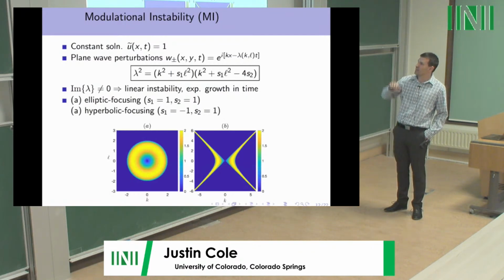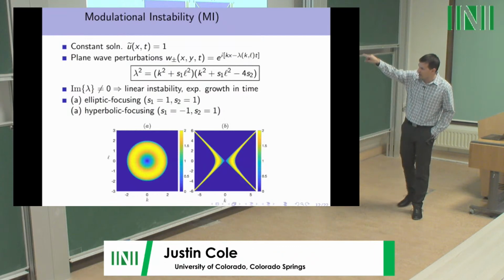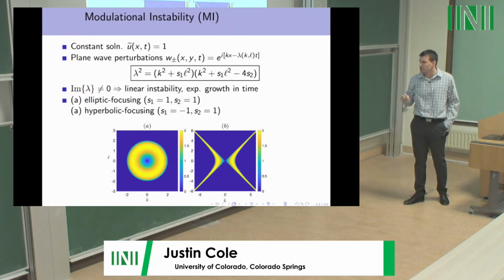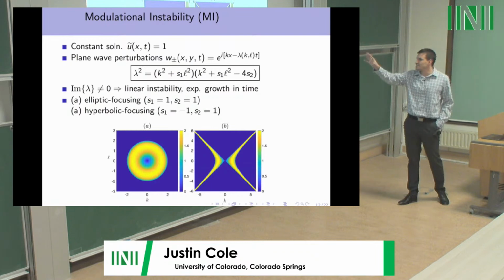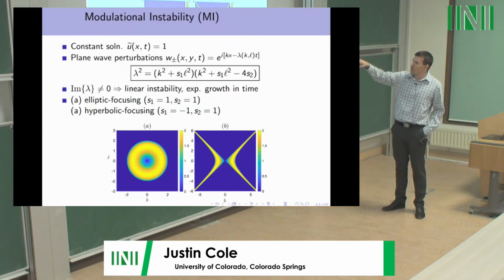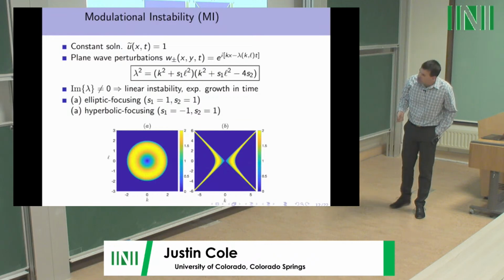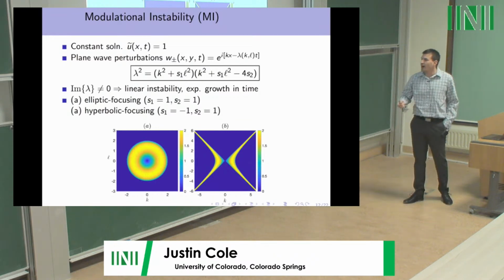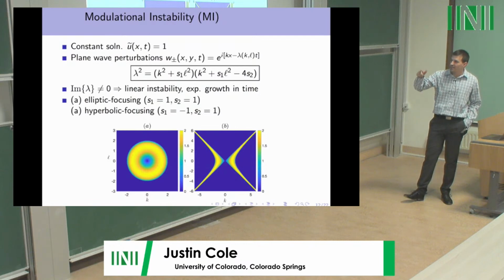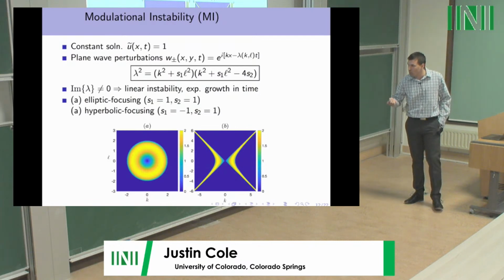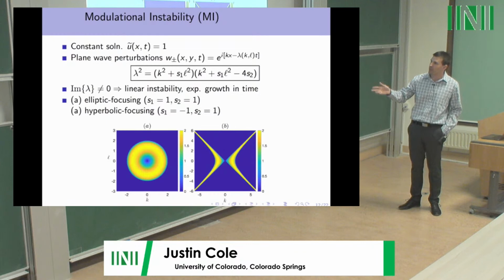The peak instability has a growth rate of 2, which is at the center of that donut region there. The dependence is purely on the radial distance from the origin, with no angular dependence, in terms of both K and L, which are the wave numbers of the perturbation in the direction of propagation and the transverse direction.